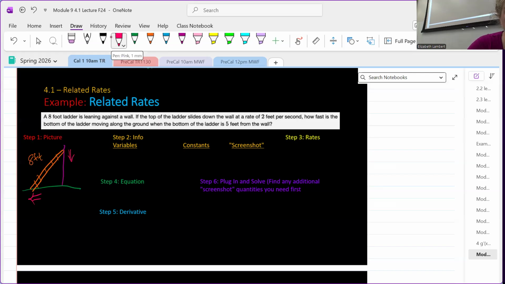So when we're marking our motion, that's our rates. So the top is sliding down at a rate of 2 feet per second. And then we want to know this rate for how fast the bottom of the ladder is sliding out.